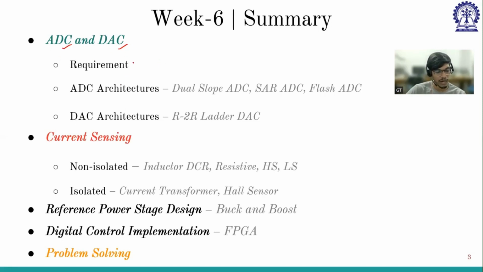We discussed where we need them, what their requirements are, and different ADC architectures: dual slope ADC, SAR ADC, and flash ADC, which is a parallel ADC. We also discussed the trade-offs between them.